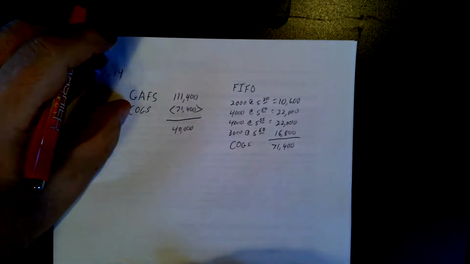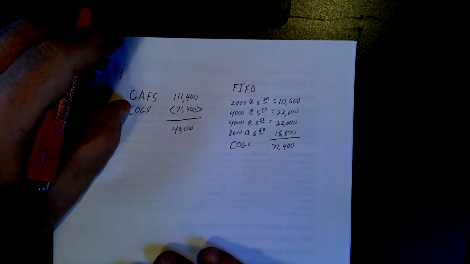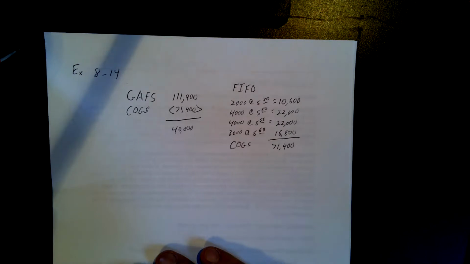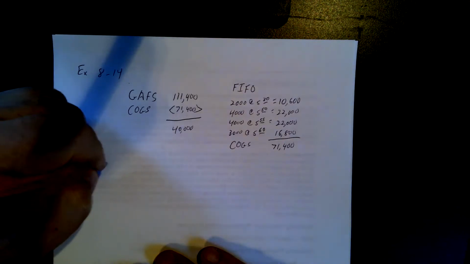Okay, now that's always going to be the case under FIFO. It doesn't matter whether you use perpetual or periodic, you will end up with the same number. That is not true for weighted average or LIFO, but it is true for FIFO.